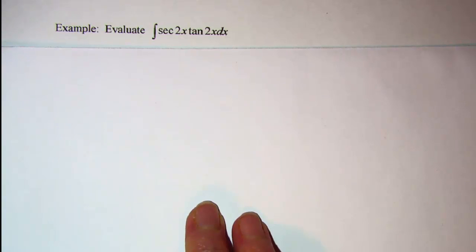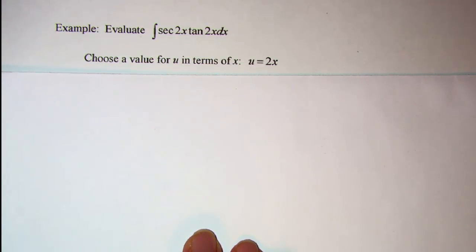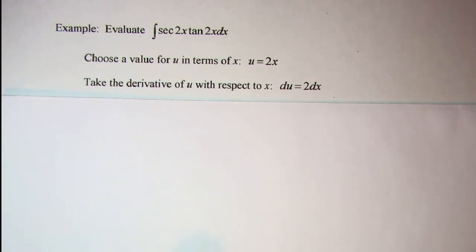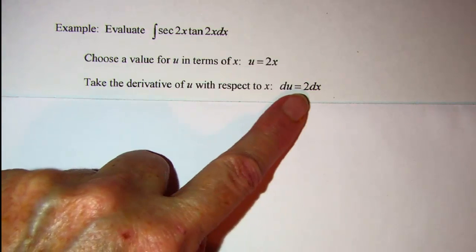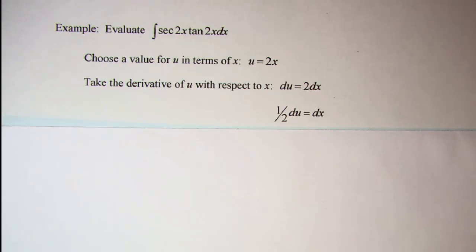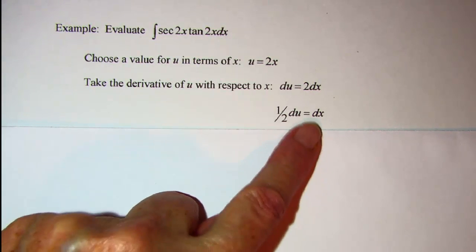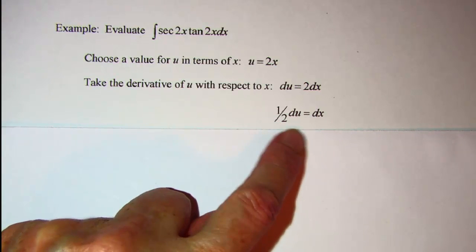So that'll be my u-substitution. So I'm going to let u equal 2x. When I do a derivative on that, I have du is equal to 2 dx. So that I have something to sub in for dx, I divide both sides by 2. So I have 1/2 du.